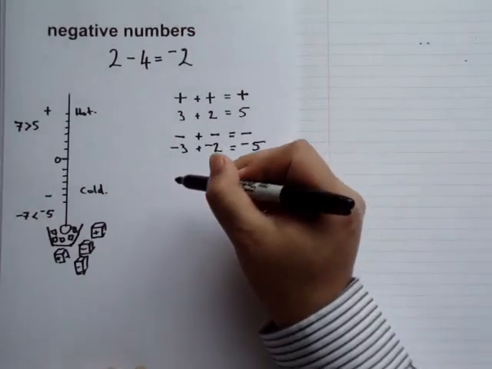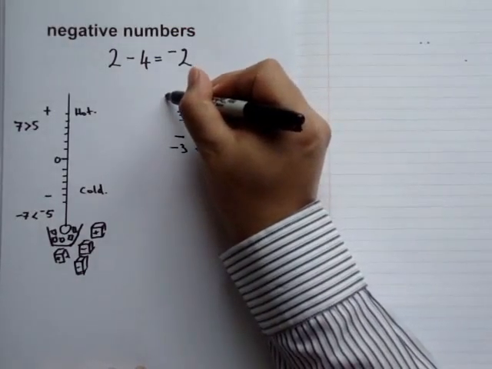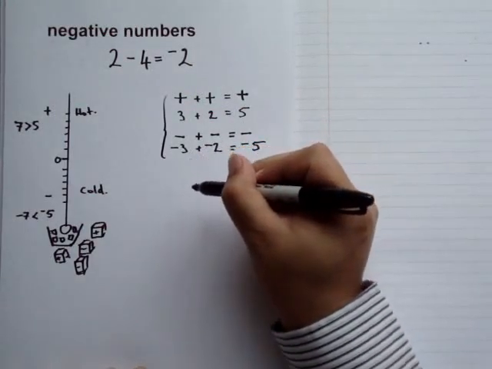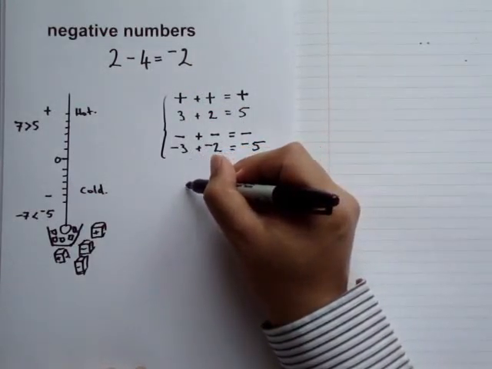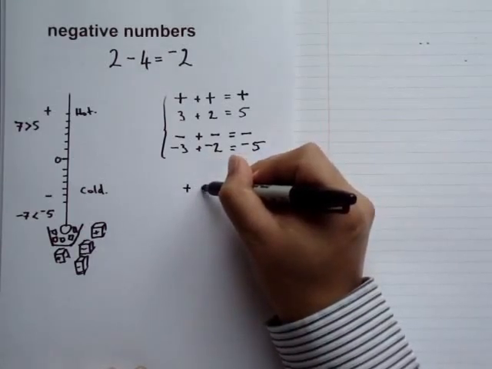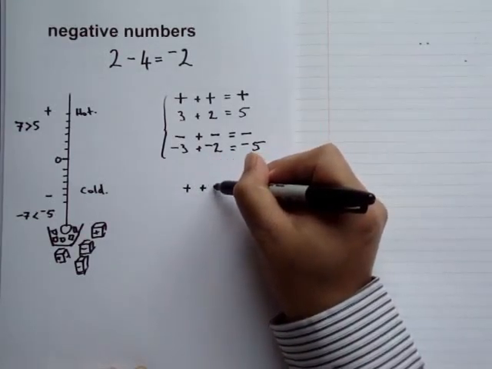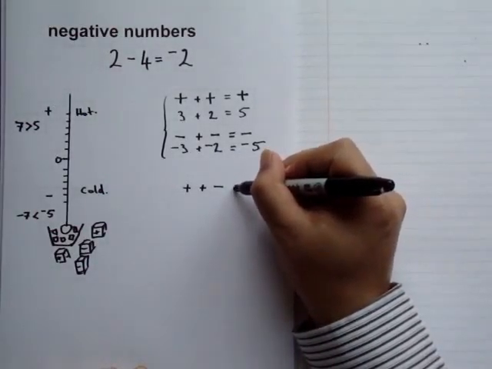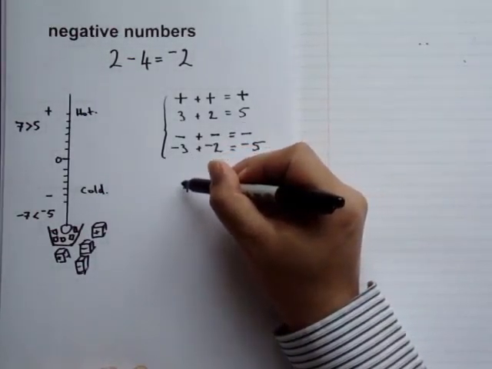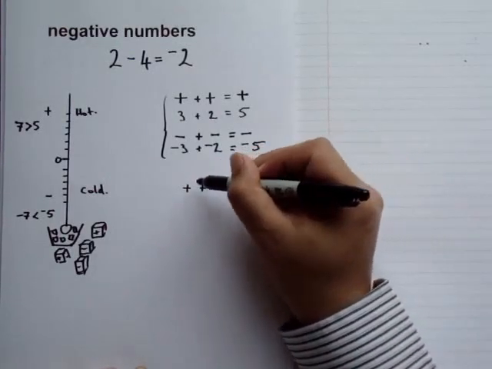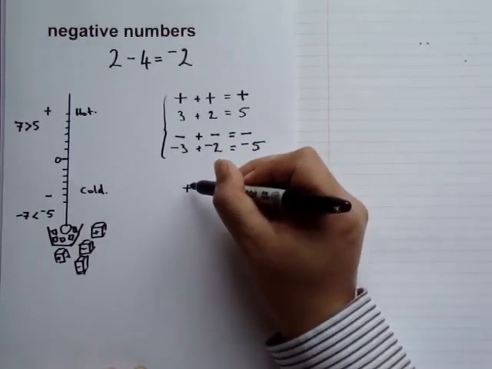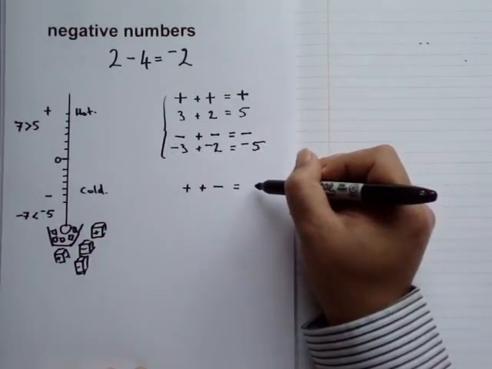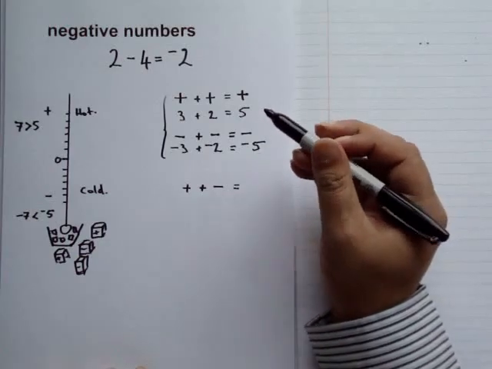Now let's look at a different combination where we're adding a positive to a negative. In this case, the sign depends on the magnitude of the numbers. If the plus number is greater in magnitude, we end up with a plus.